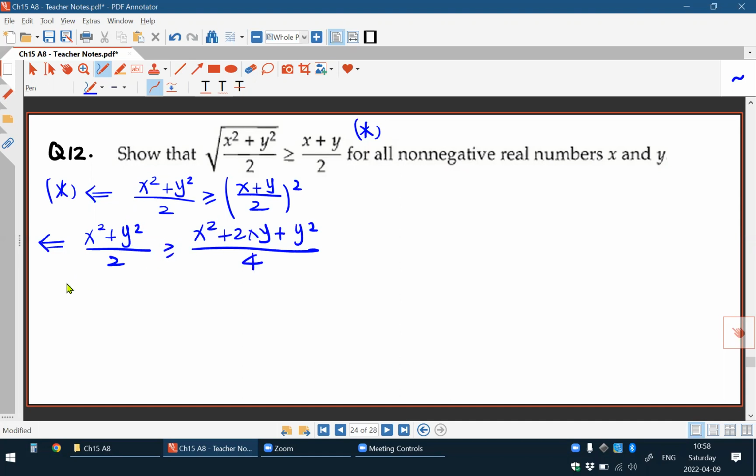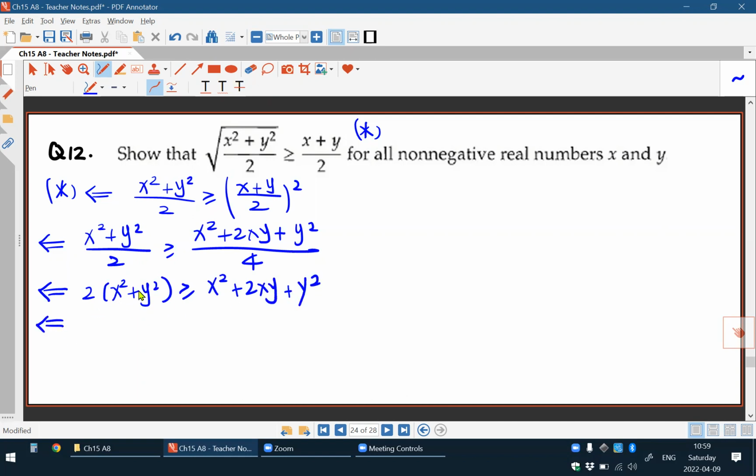And in order to prove this one is true, we need to prove that 2 times x squared plus y squared greater than or equal to x squared plus 2xy plus y squared.